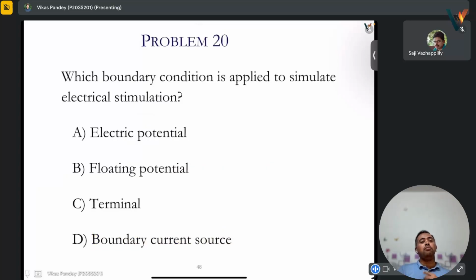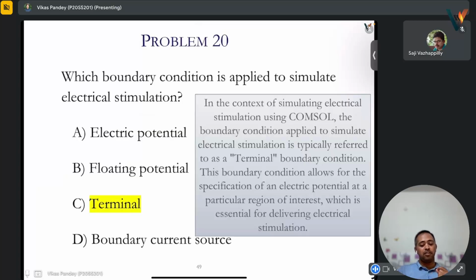Then something you talked about, boundary conditions. Which boundary condition is applied to simulate electrical simulation: electric potential, floating potential, terminal, or boundary current source? He is saying terminal is most appropriate. And why is it so? In the context of simulating electrical behavior using COMSOL, the boundary condition applied is typically the terminal boundary condition.